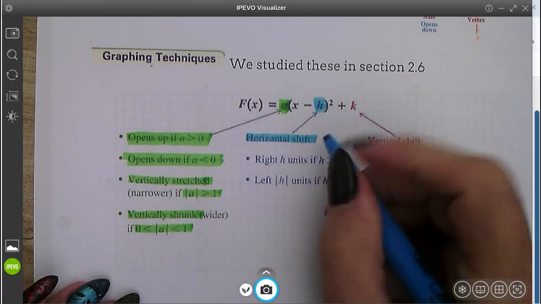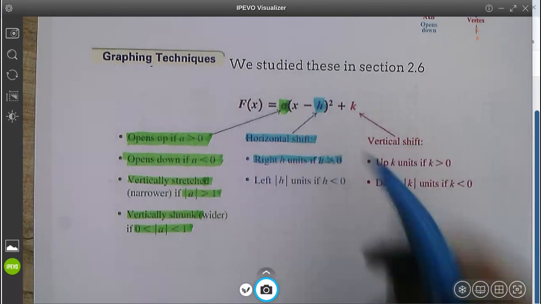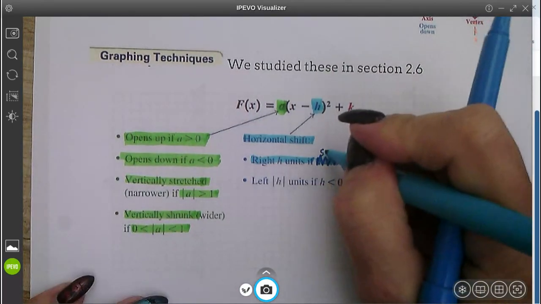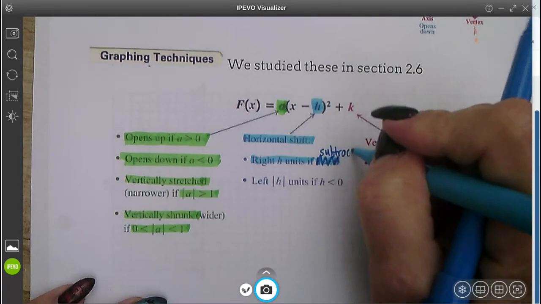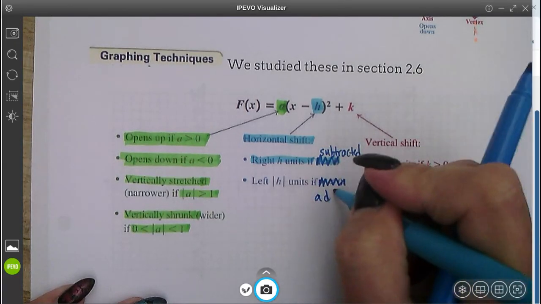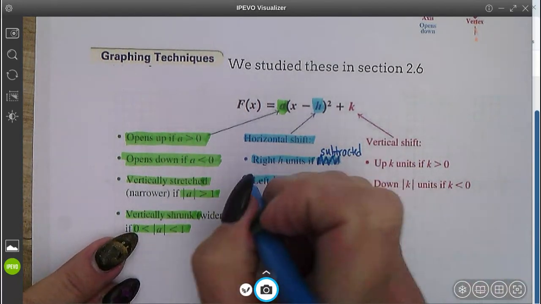Oh, I don't like the way this is phrased. I'm going to make this right h units if subtracted, and left h units if added. Okay, I like that better.